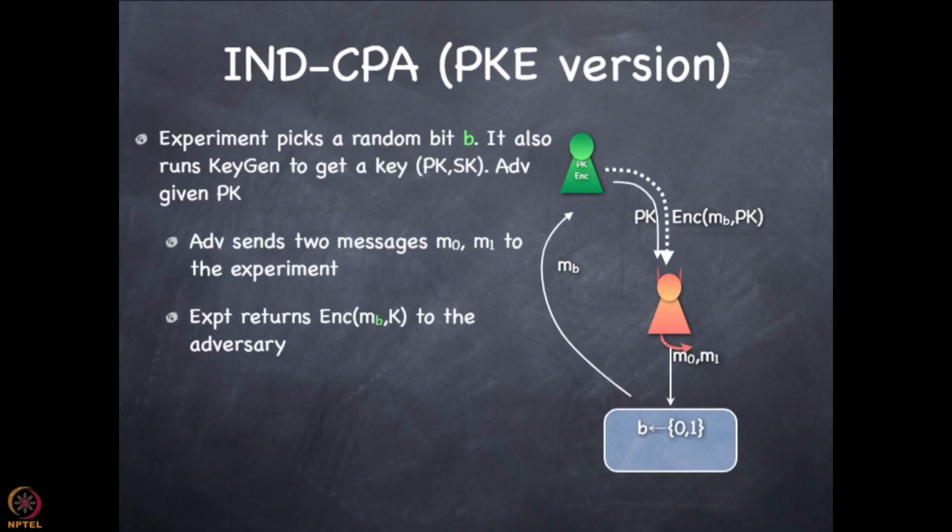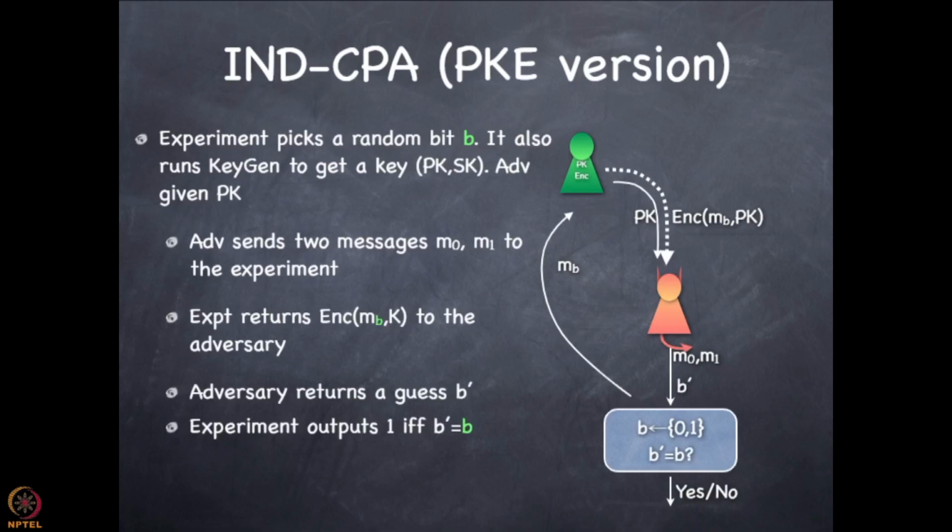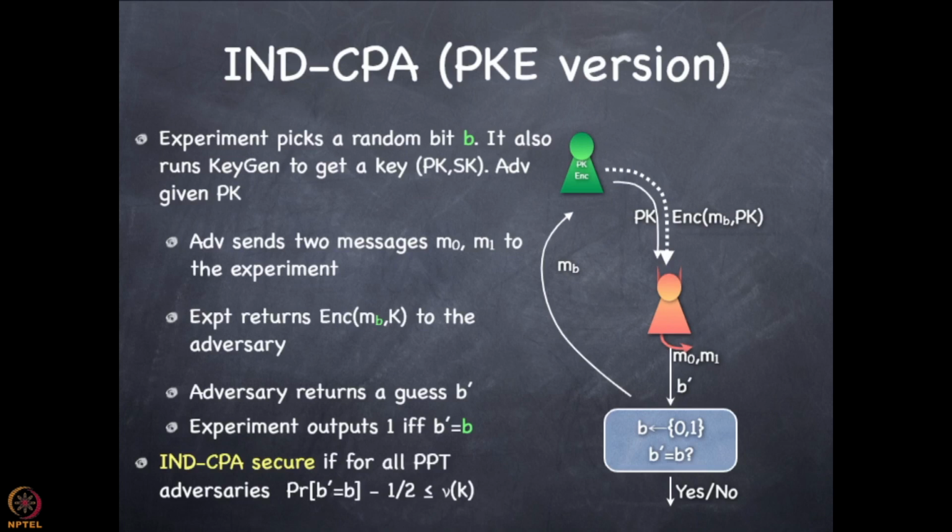Because there is a public key, it's easier to write it this way. But of course, if you want, you can put the loop also. It's an equivalent definition, and there's a non-trivial proof saying those two definitions are equivalent. But let's go with the simpler definition. So the adversary sees one ciphertext, and then it has to guess this b. It outputs a b prime, and the advantage is the probability that b prime equals b minus half, and you could say the absolute value.